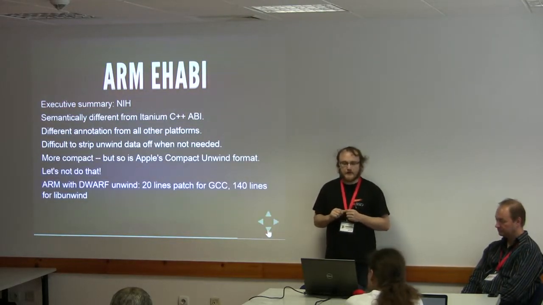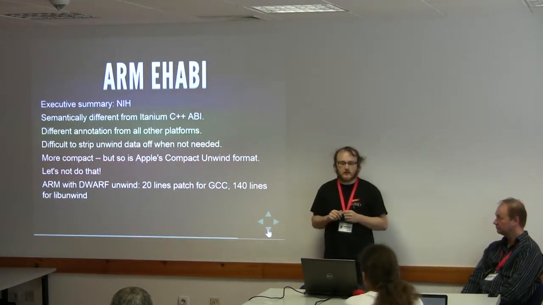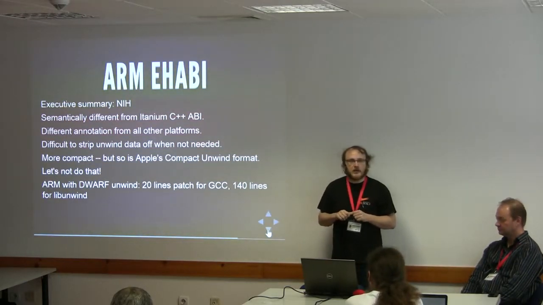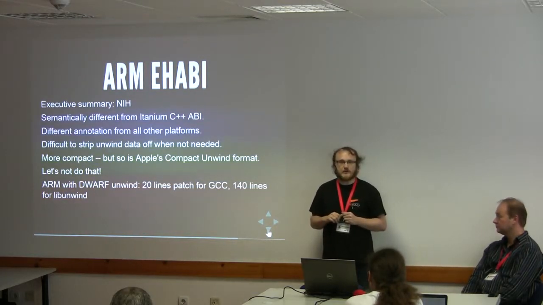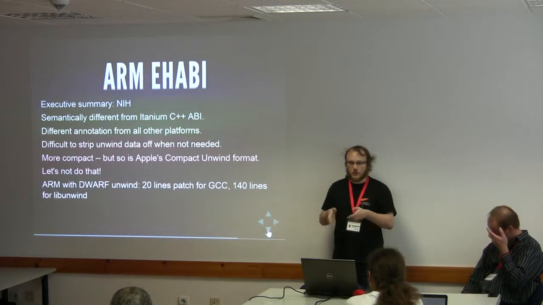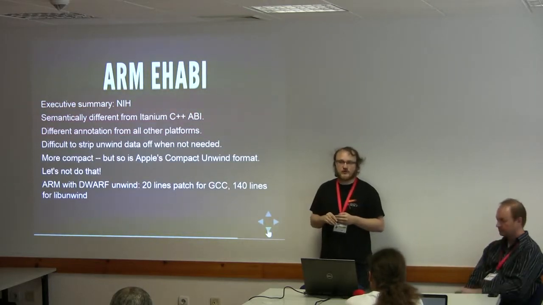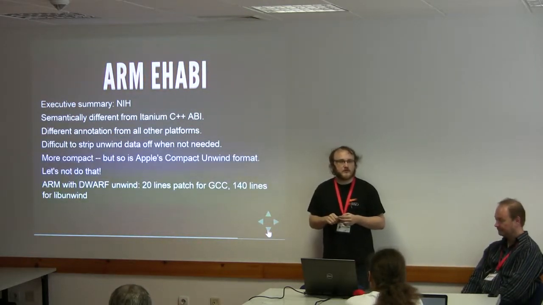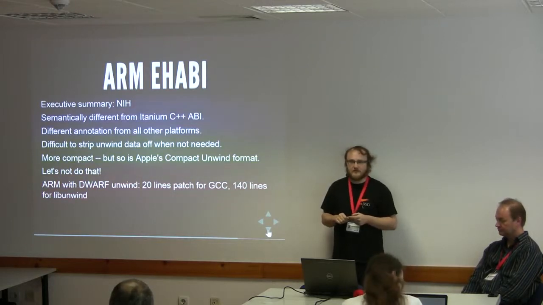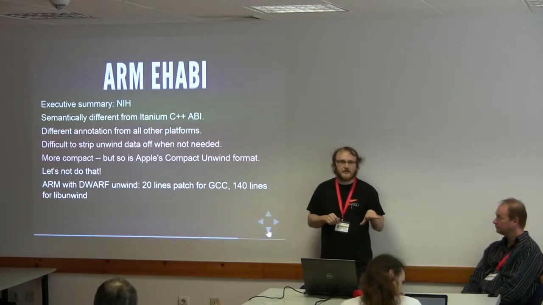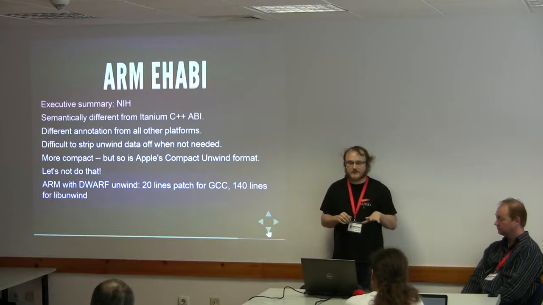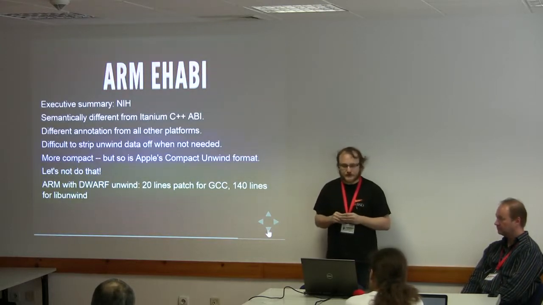For example, Apple uses a different format called compact unwind, which replaces the virtual machine used by DWARF with a description of the common frame layouts. But it doesn't change any of the other aspects because it doesn't have to.